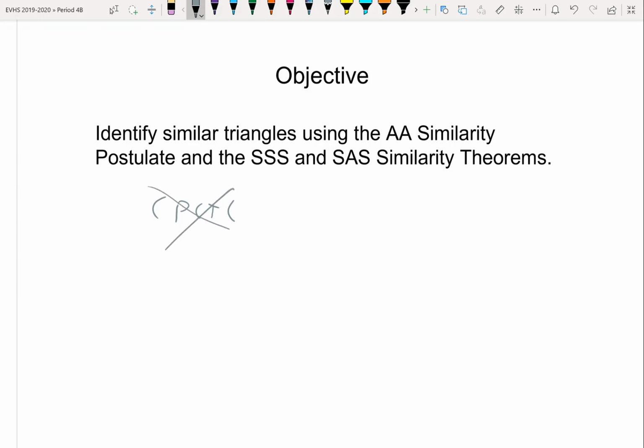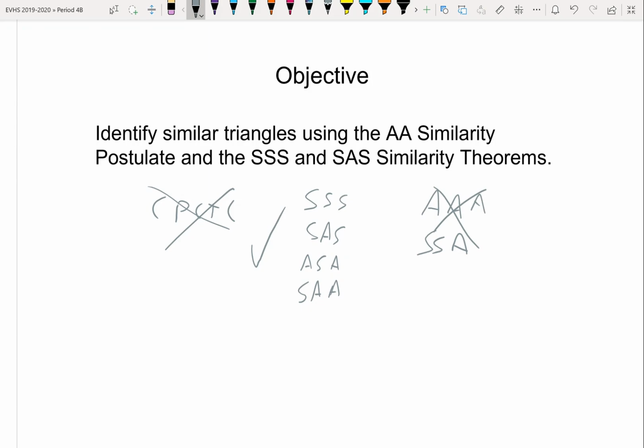We would much rather go with our 4 congruency shortcuts, which are side, side, side, side, angle, side, angle, side, angle, and also side, angle, angle. Those guys work. Remember, there were 2 that did not, angle, angle, angle, as well as side, side, angle. Those did not work. Those did.